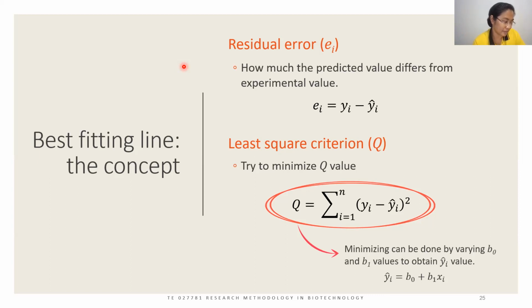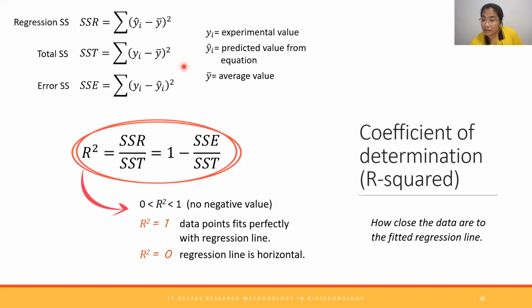Now, since I have introduced to you the concept of the best fitting line, at least you get some idea that R-square is not the final answer in all cases.